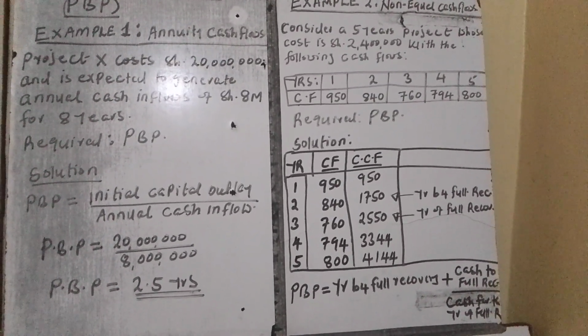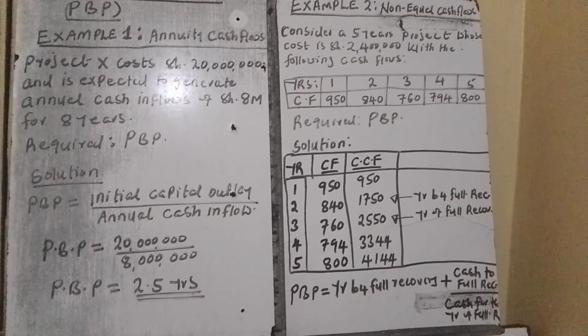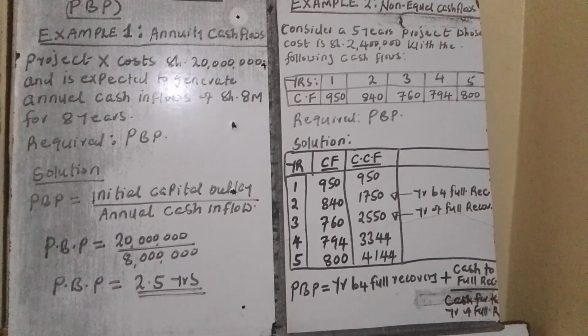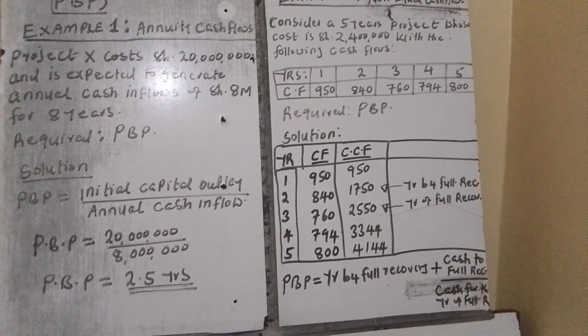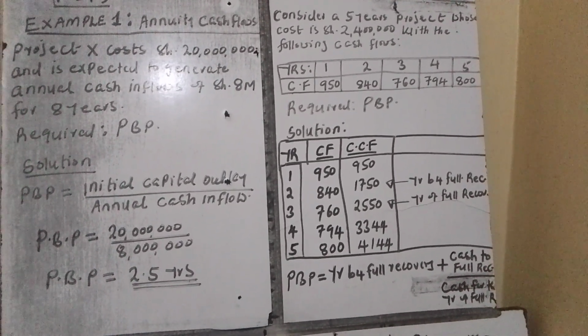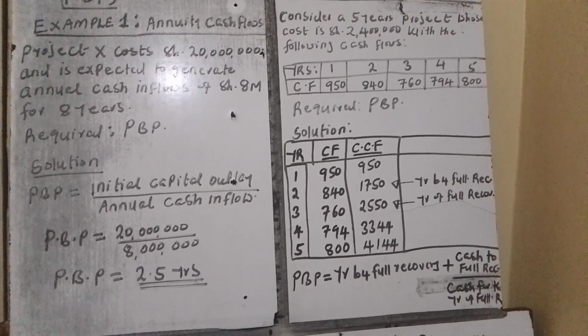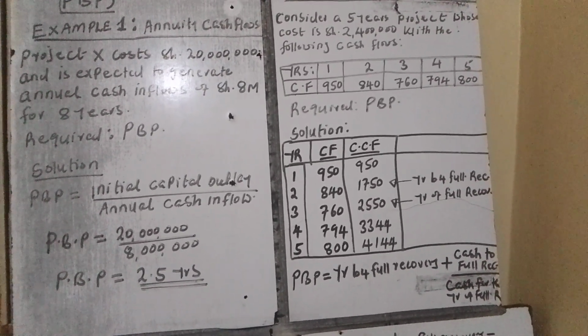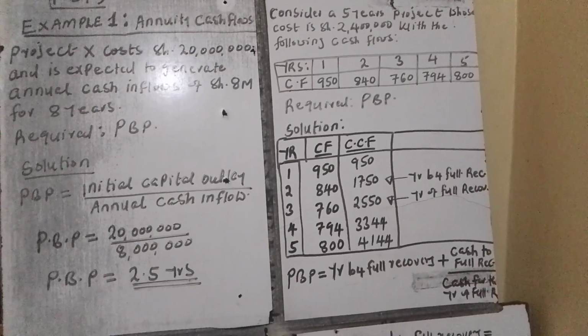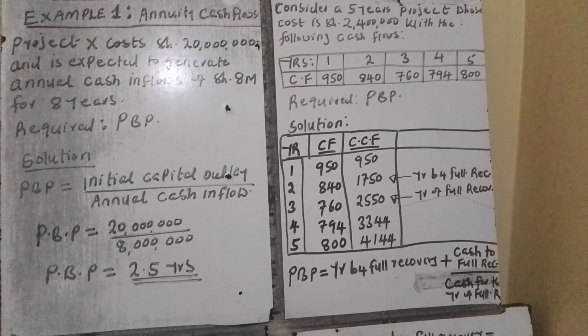So the payback period will be 20 million, because we started that project by initially injecting 20 million, divided by 8 million. This project is generating cash inflows of 8 million per year.